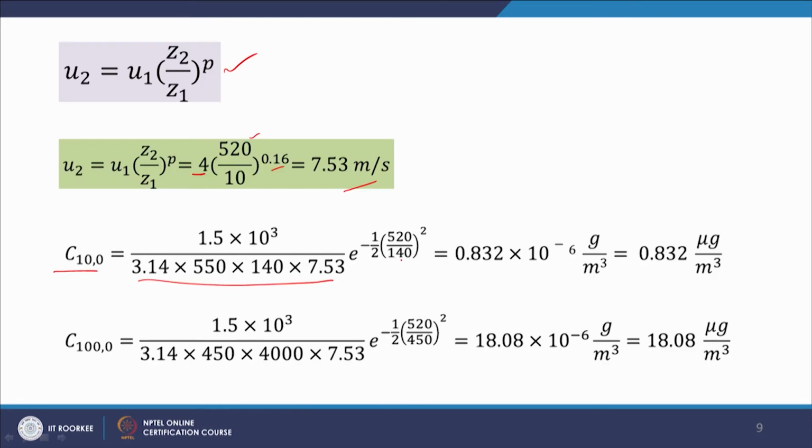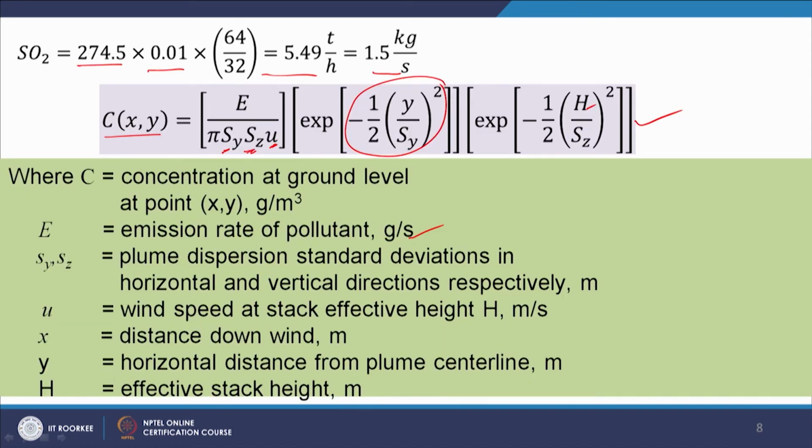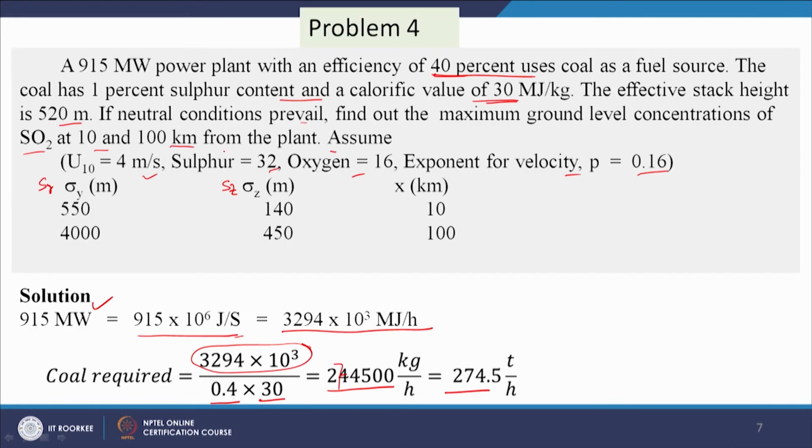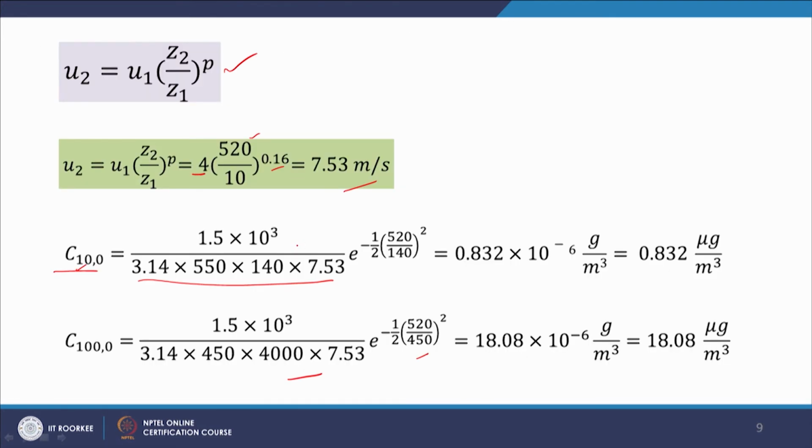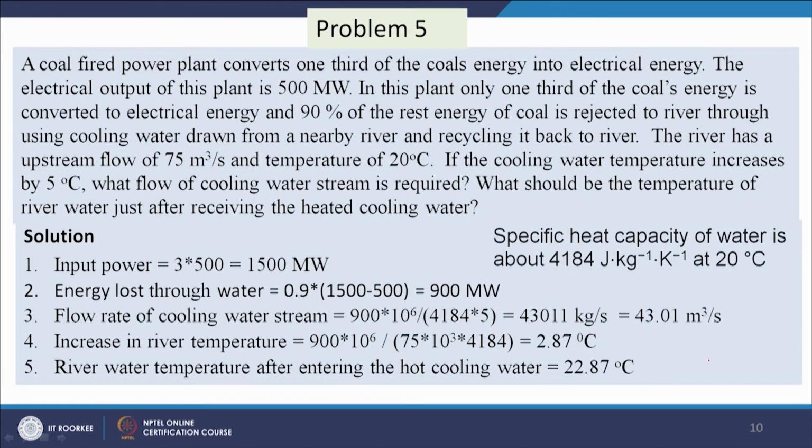So, we are getting 140 for this SZ value in case of 10 kilometer, and in case of 100 kilometer this value will be 520 by 450, other values will be like this, because at that time SZ and SY values will change. You see here these values are changed. So, we will be getting this expression here, and by that we are getting this much, or 18.08 microgram per meter cube.